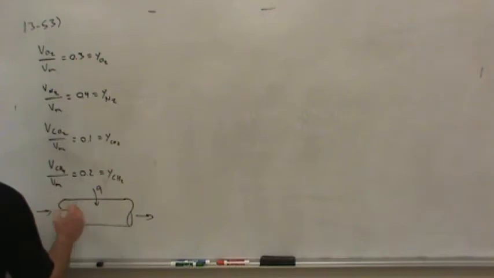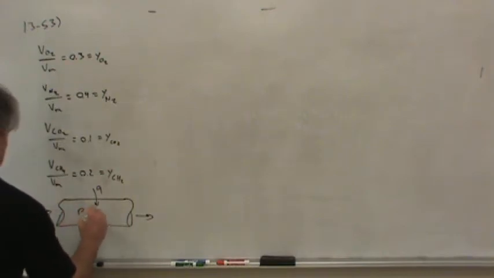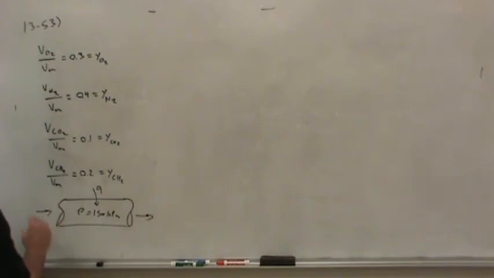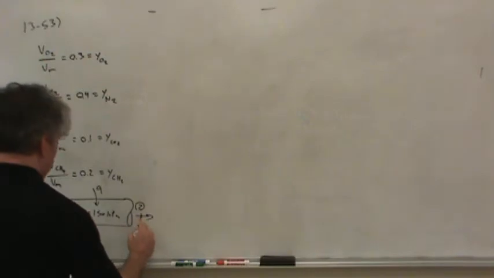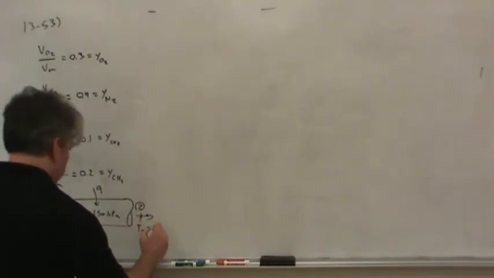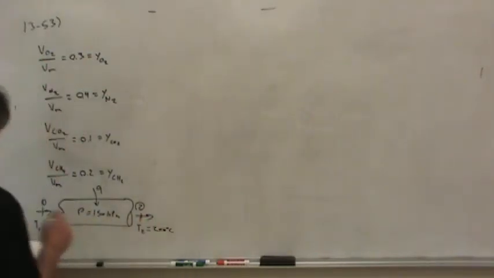The pressure is just constant at 150 kilopascals, but the temperature begins, if we make this state 1, T1 is equal to 20 degrees Celsius. We'll make this state 2 at the exit, so that T2 is equal to 200 degrees Celsius.